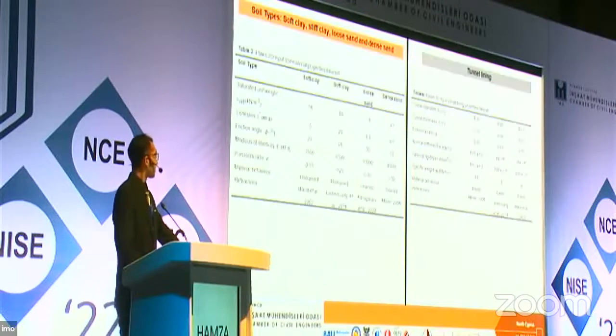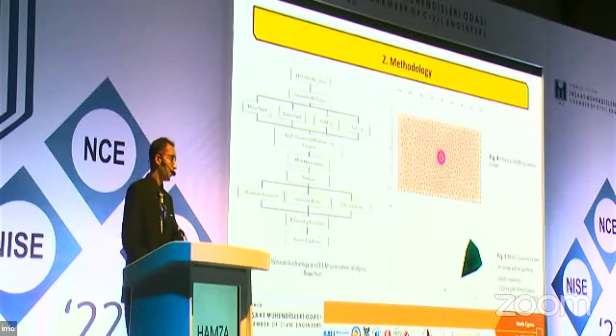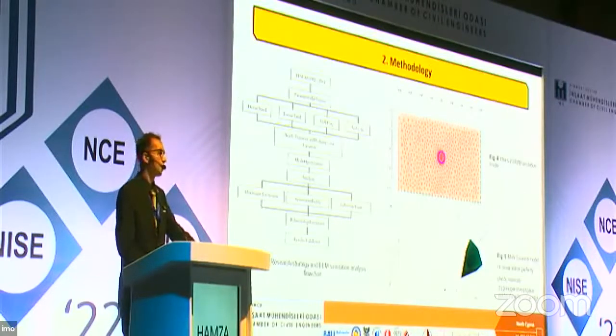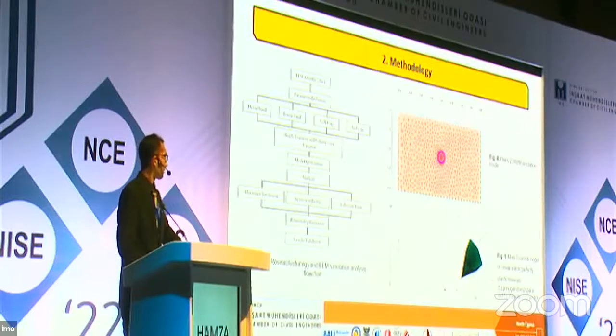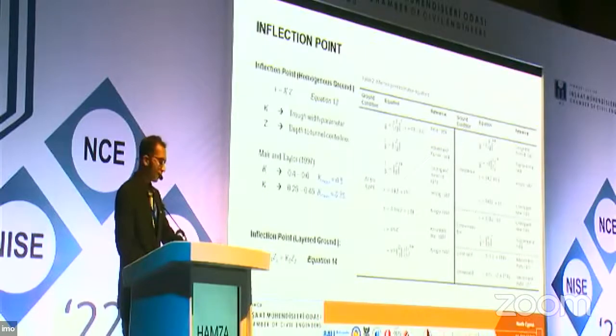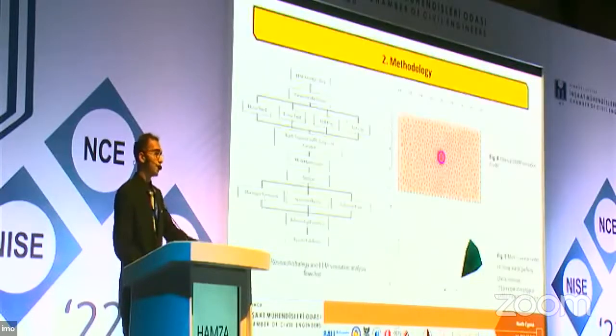Coming to the methodology, I employed a finite element model, and approximately 1,600 models were simulated based on different soil types and different tunneling parameters. We employed the Mohr-Coulomb model for the material properties, because we selected our parameters from some tunnel case studies.